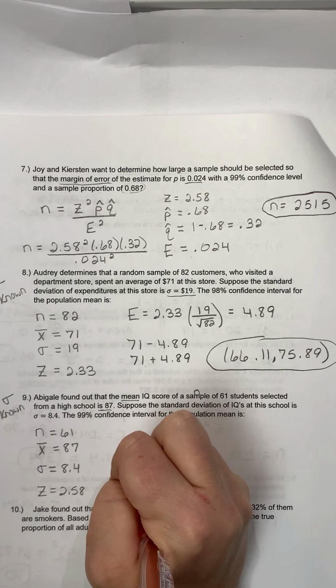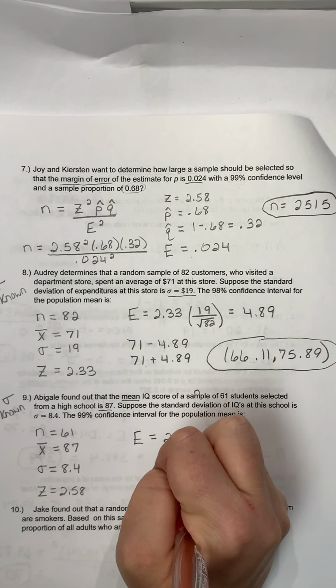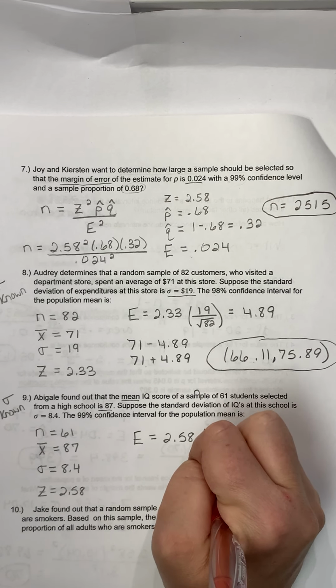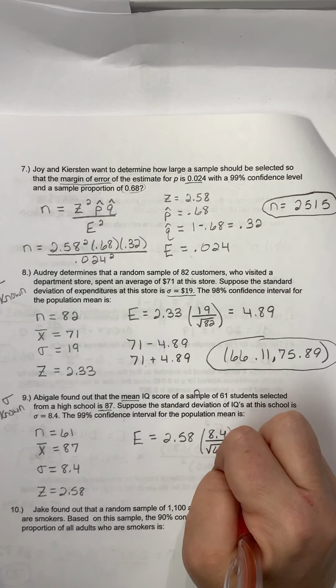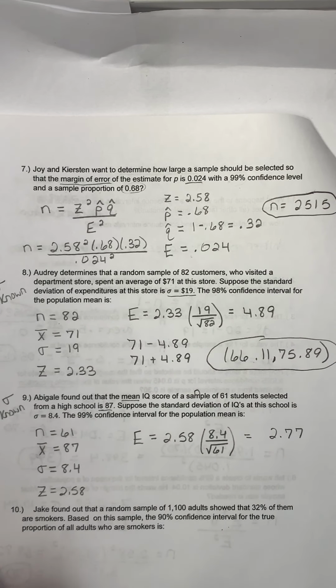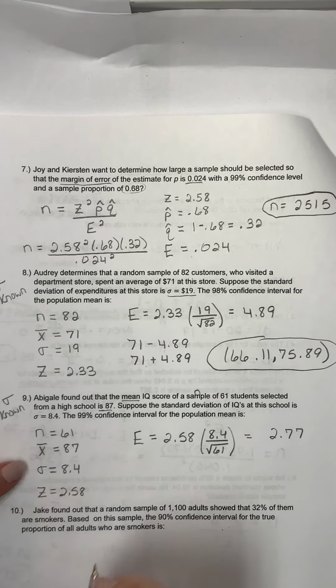We're going to find E, so that's just Z times sigma divided by the square root of N. Put that in my calculator and I came up with 2.77. Now I'm going to take X bar minus that value and X bar plus that value.